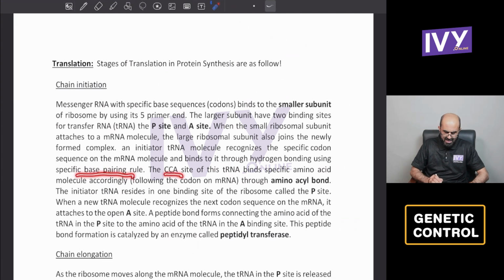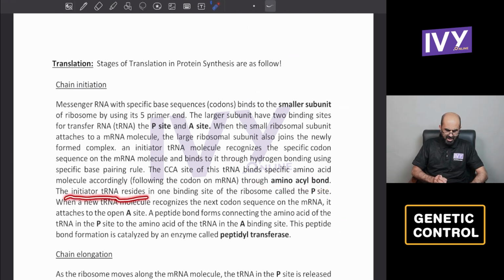The CCA site of this tRNA binds a specific amino acid molecule, following the codon on the messenger RNA. As I told you, the anticodon recognizes the codon, and the amino acid follows the anticodon. Once the anticodon is attached to the codon on the messenger RNA, the amino acid becomes activated and attaches to the same tRNA through the aminoacyl bond.